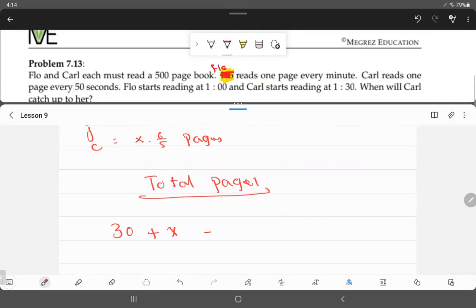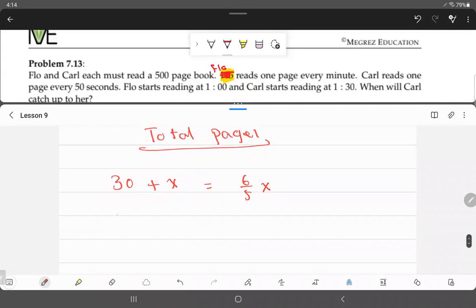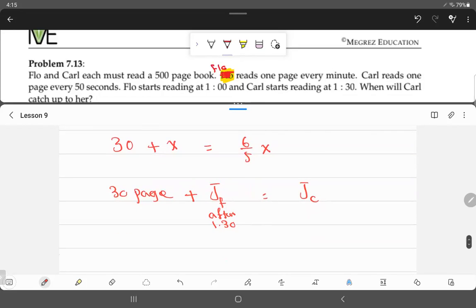These guys have to be equal. In other words, 30 pages plus the job of Flo after 1:30 is equal, we need it to be equal to the job of Carl. So 30 pages plus X pages equals 6/5 X.